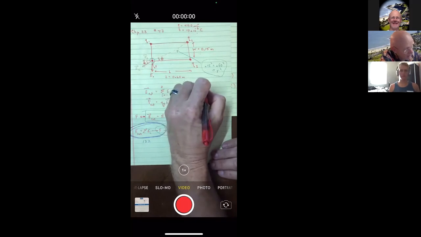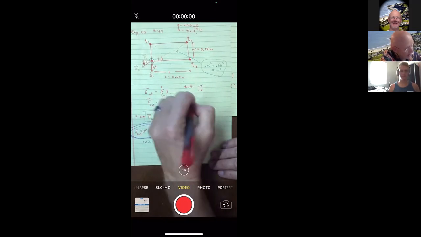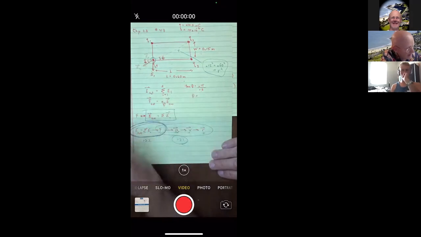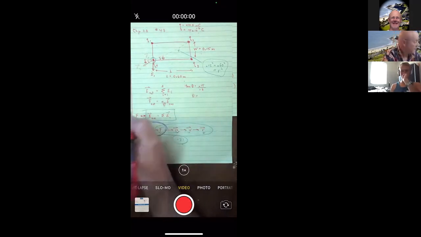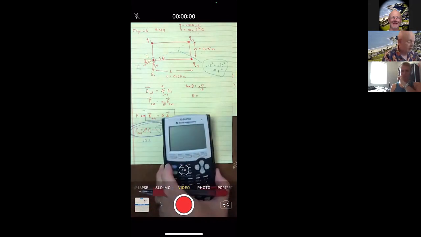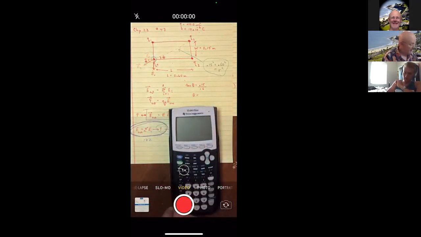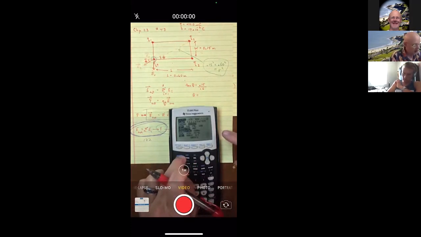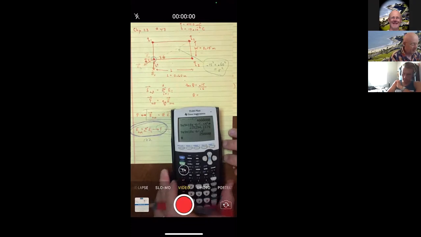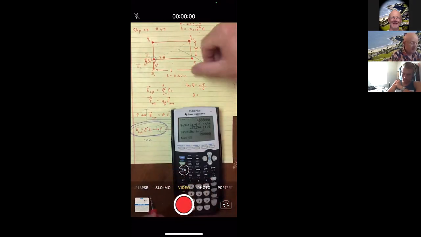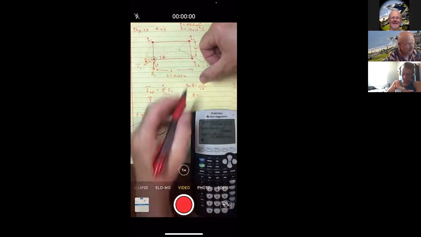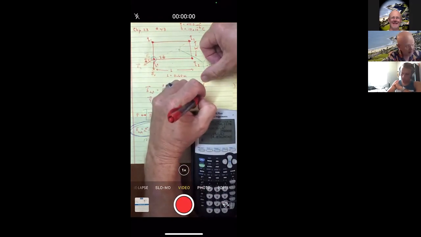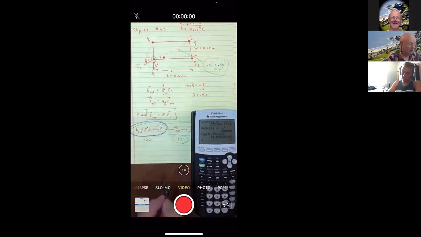So that's 0.15 over 0.6. And that will give me a way to get theta. So turning my calculator back on and checking, am I in degrees? I am. Let me go inverse tangent of 0.15 divided by 0.6. And so we're looking at about 14.0 degrees.